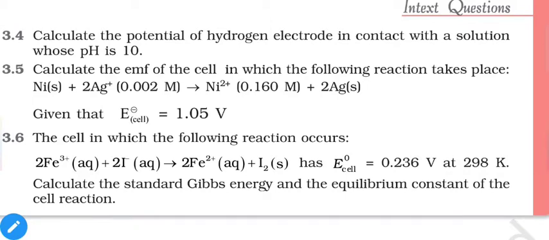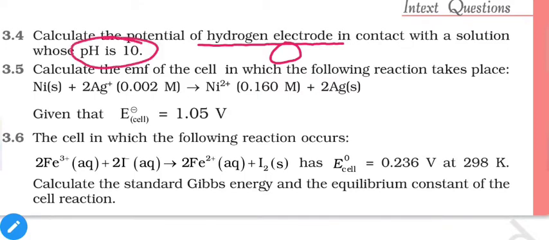The first question is: calculate the potential of a hydrogen electrode in contact with a solution whose pH is 10. As mentioned here, the hydrogen electrode has 0 potential, so the value for hydrogen will be used as 0. The other solution has pH equal to 10.